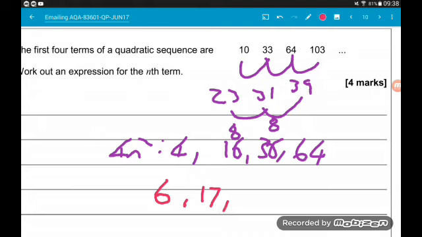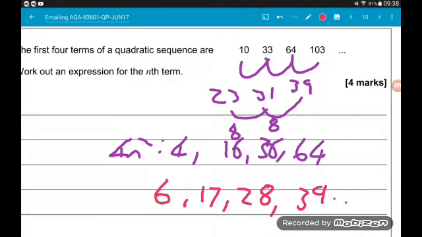And then 64 minus 36 leaves us with 28. And then 103 minus 64 leaves us with 39.